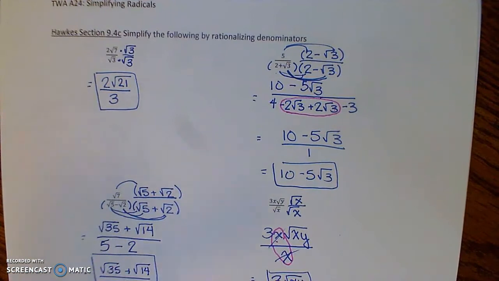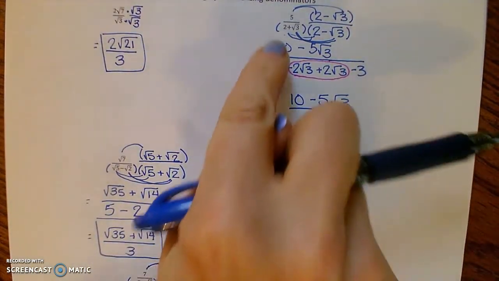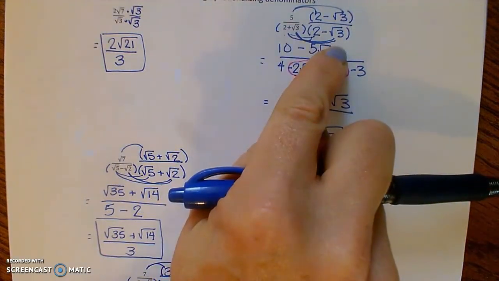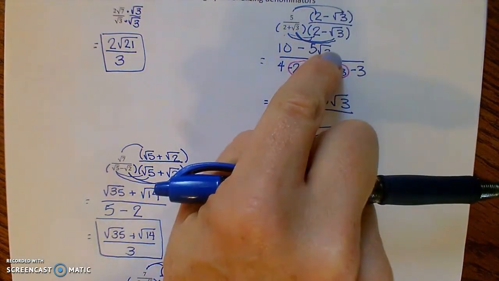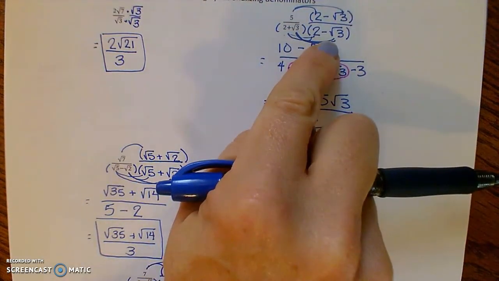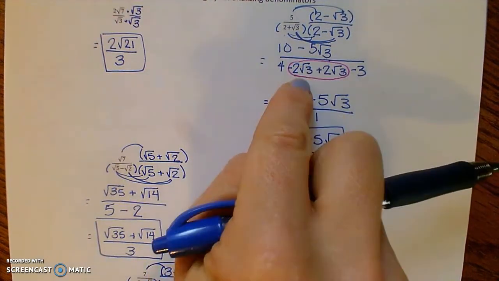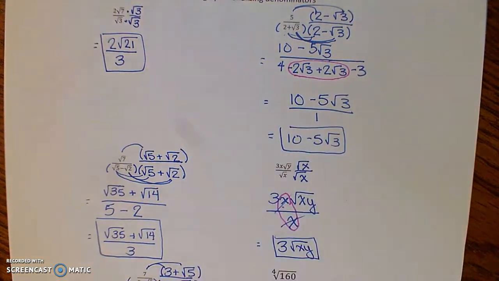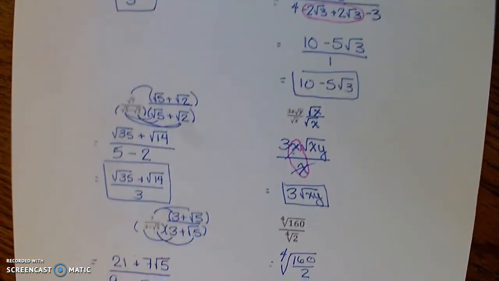Okay? Now, if you have 2 terms in the denominator with a radical symbol, then you have to multiply by the conjugate. Multiply numerator and denominator by the conjugate of that denominator.